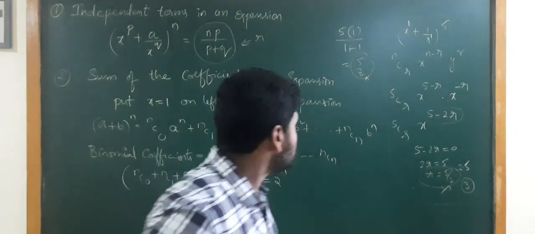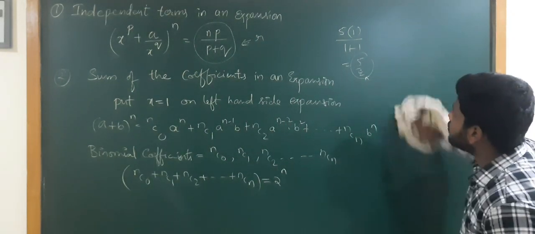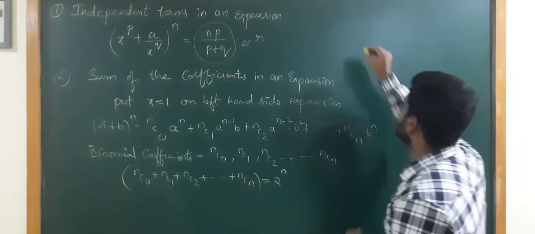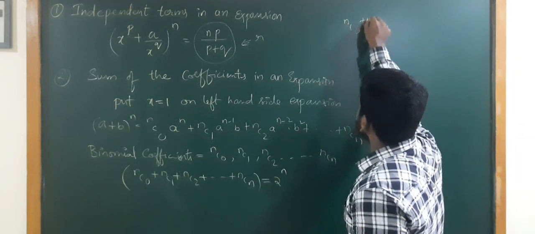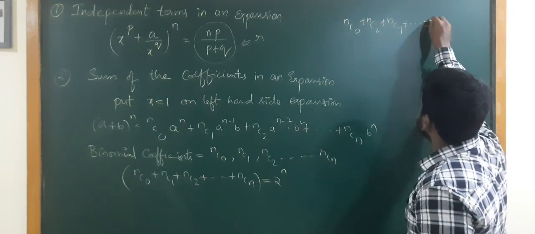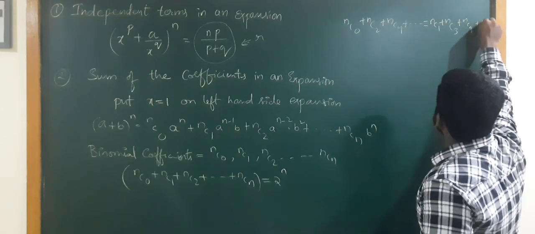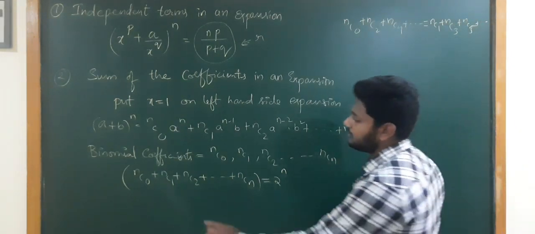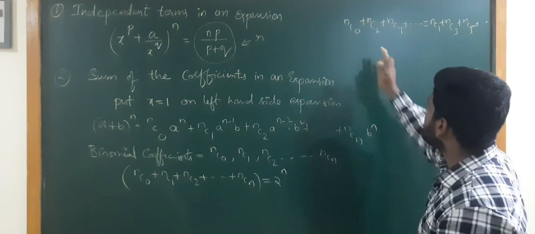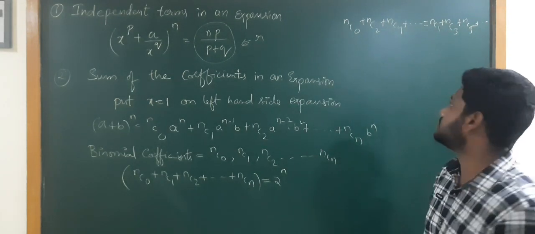The sum of all odd binomial coefficients is equal to the sum of even binomial coefficients, nothing but nC0 plus nC2 plus nC4 plus so on is equal to nC1 plus nC3 plus nC5 plus so on. We know that the sum of all binomial coefficients is equal to 2 power n, but the sum of all odd binomial coefficients is equal to the sum of even binomial coefficients.